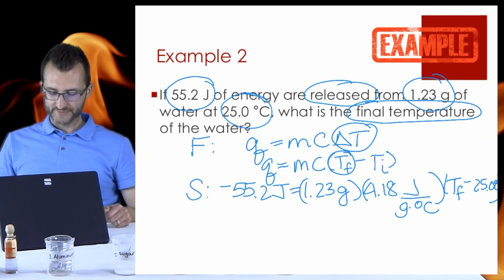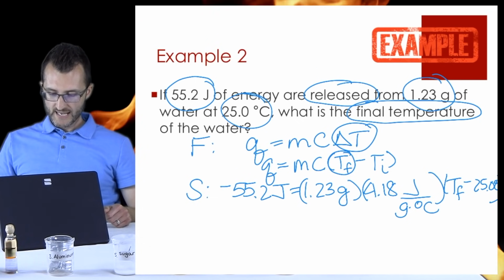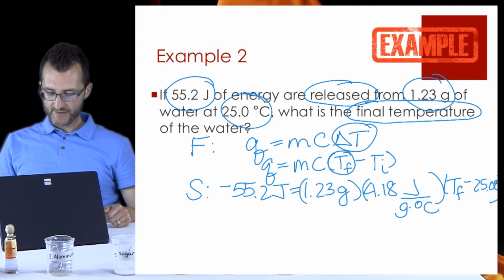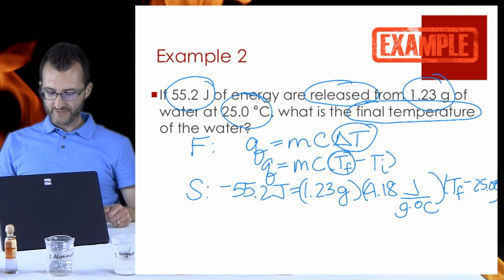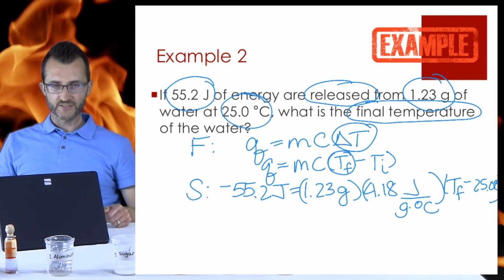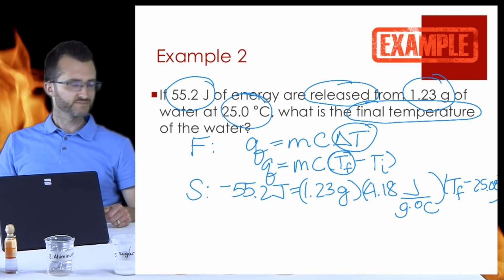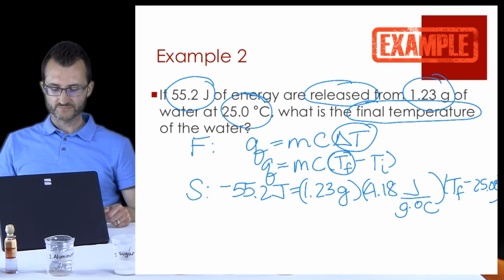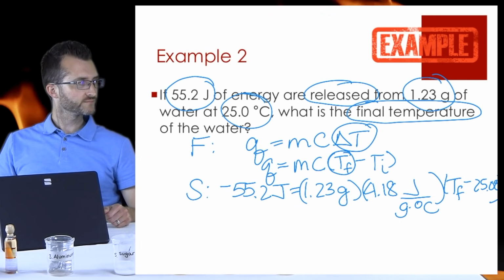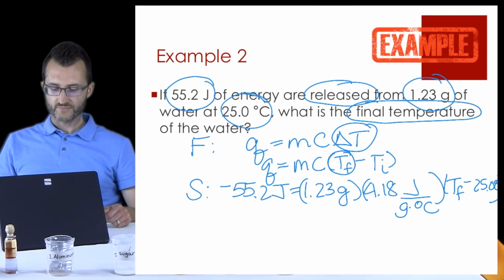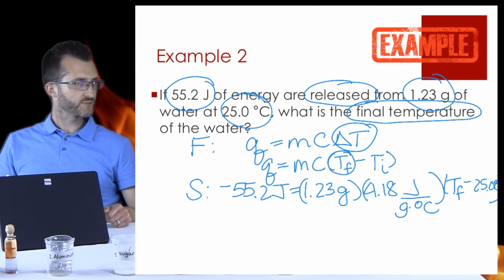Okay, so I know I want to solve for Tf. I don't know if I have to deal with the 1.23 and the 4.18 or get rid of the 25. All right, so like any good algebraic equation, we have to remember our order of operations, right? Our PEMDAS. Okay, so I think then I want to multiply first instead of dealing with addition and subtraction? Correct.